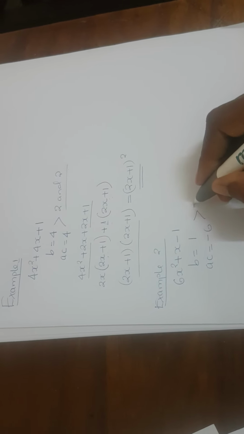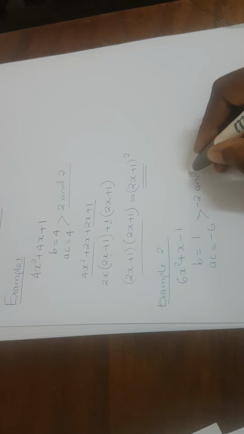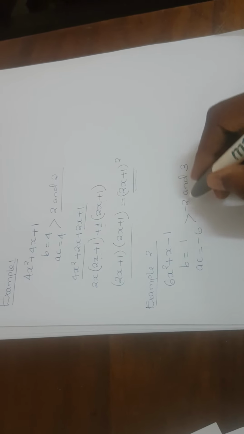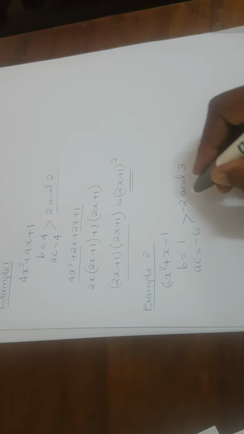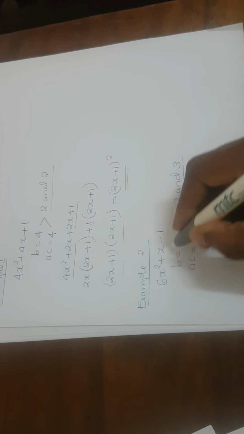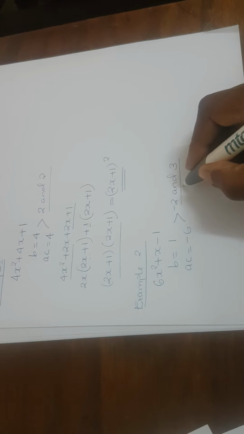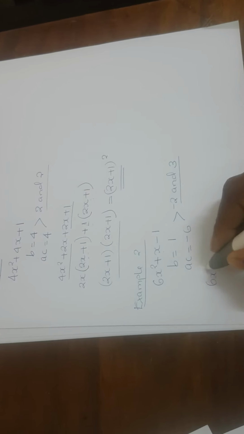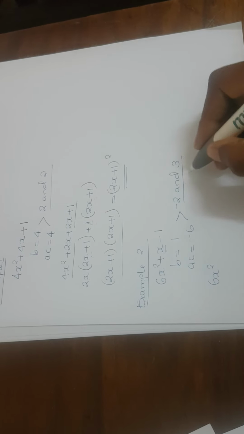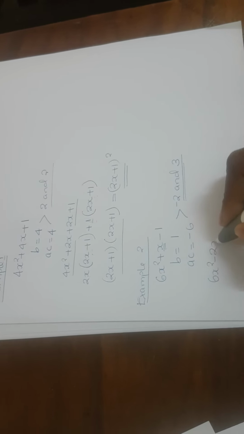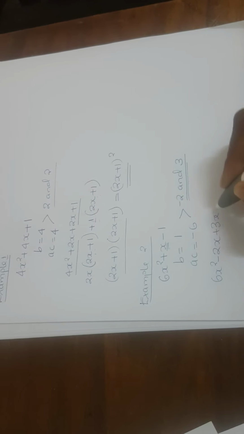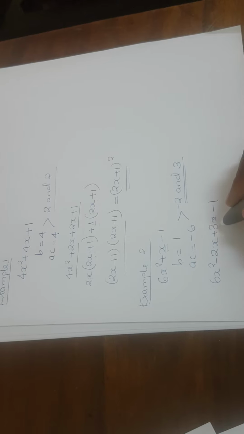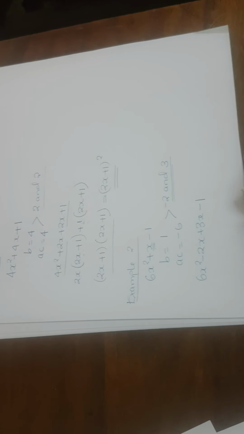So we have negative 2 and 3, because when you add you get positive 1, and when you multiply you get negative 6. Then I use the two numbers to define the middle term. Don't use them directly when a is not equal to 1. So it will be 6x squared minus 2x plus 3x minus 1, because if I take negative 2x plus 3x I get x.